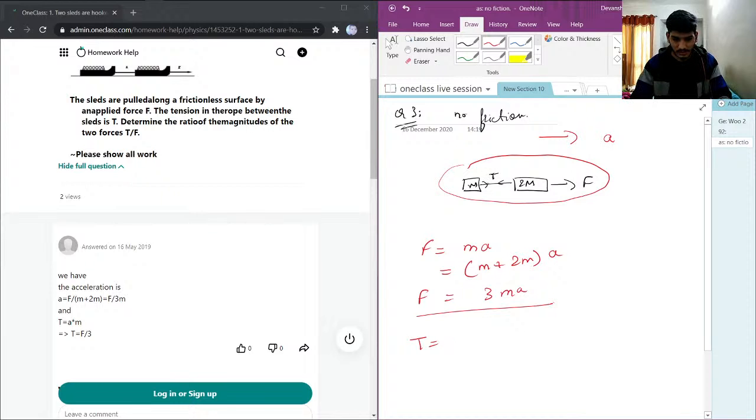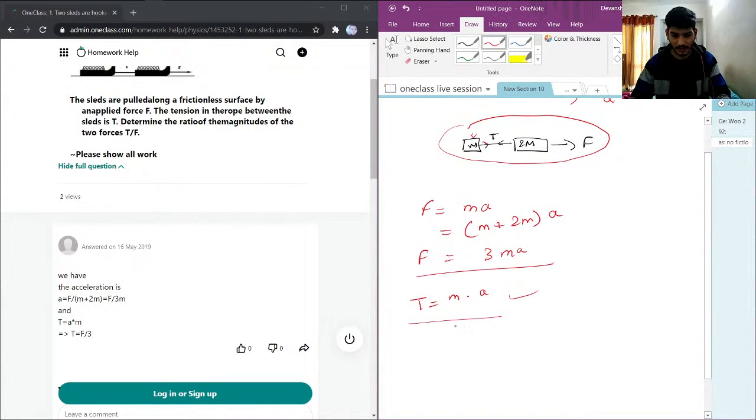So tension is going to be the force which is pulling this small block with the same acceleration a. It is going to be the mass of the small block, which is m, times the acceleration, because the whole system is moving with the same acceleration, so this small block will also move with the same acceleration. So T is m into a.